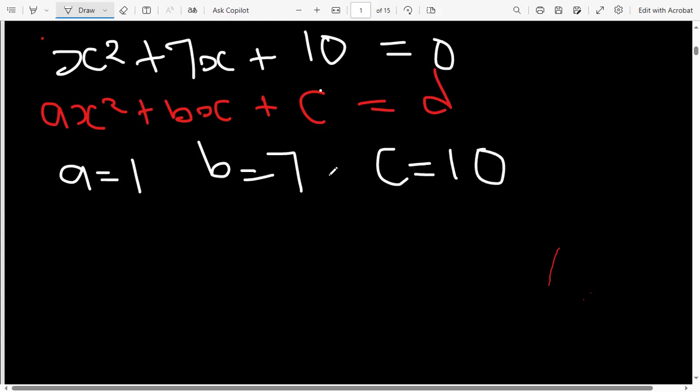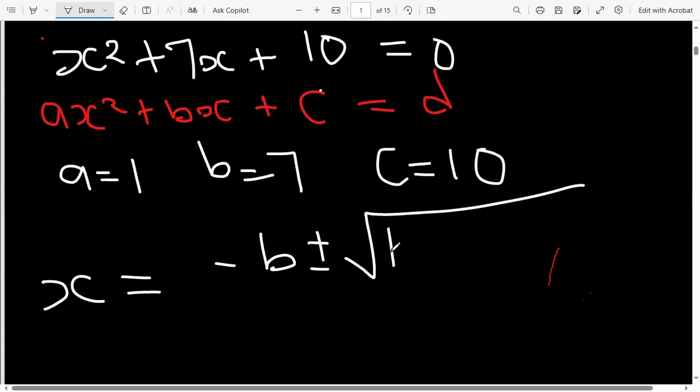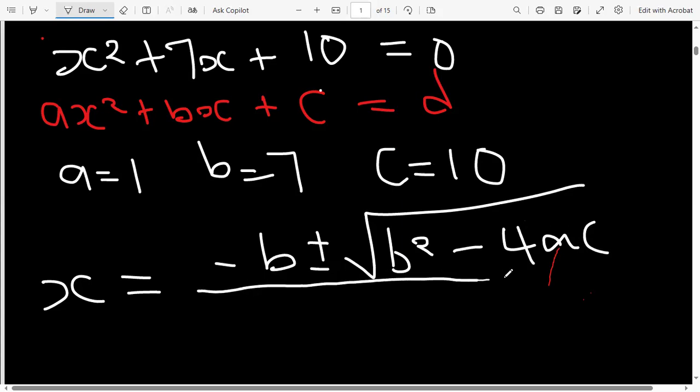Okay, so once you get your a, your b, and your c, and then now you use the quadratic what? Formula. Okay, so quadratic formula is x is equals to minus b plus or minus the square root of b squared minus 4ac. Okay, and then we divide all this by what? 2a.